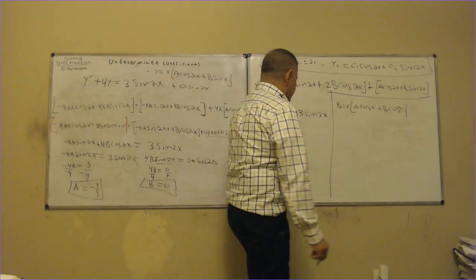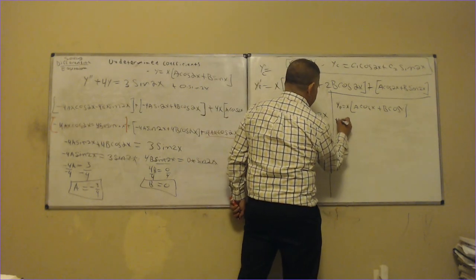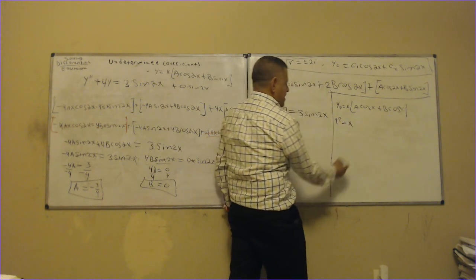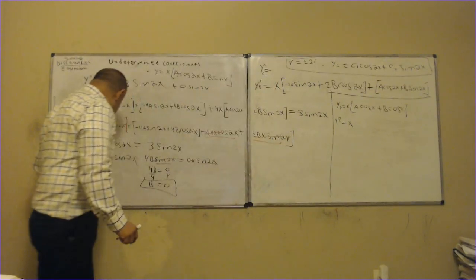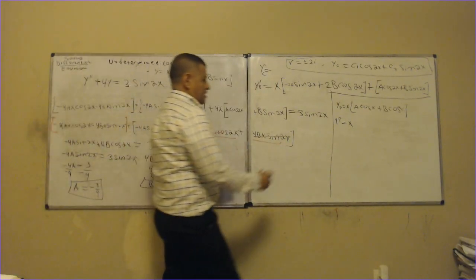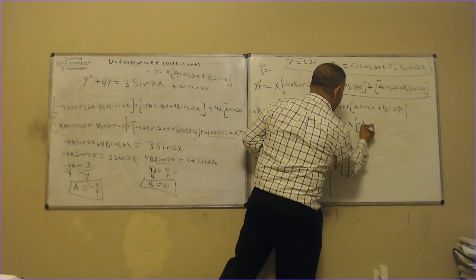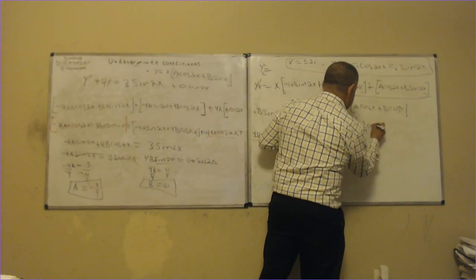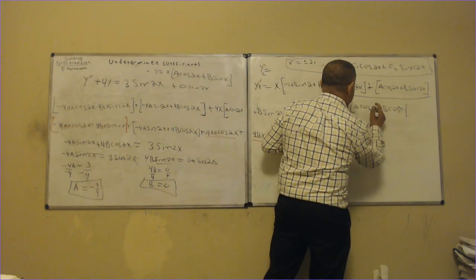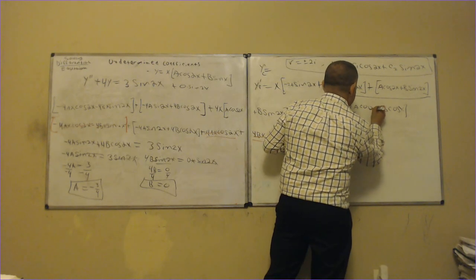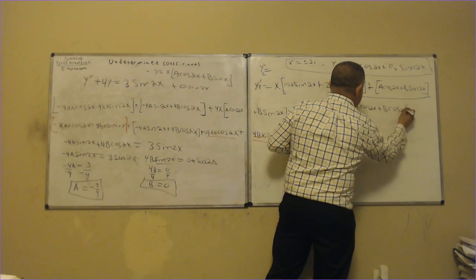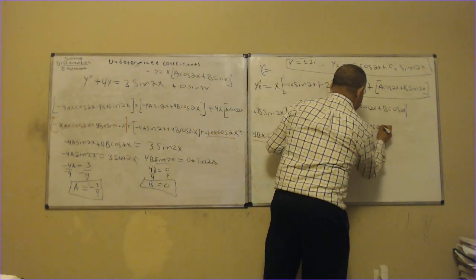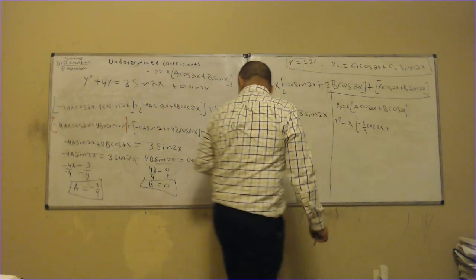Okay, so now what I can do is the following. I say that yp is equal to x, and what is my value of A? I found it over here. It's negative 3/4, and what goes with it is cosine of 2x. Sorry, it's 2x. So cosine of 2x, plus what is the other one that we found?